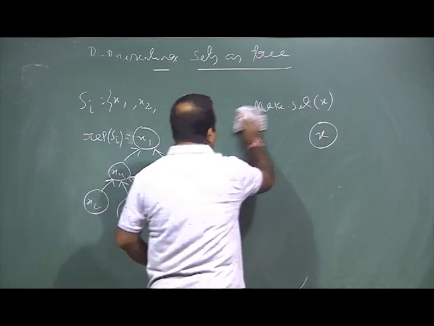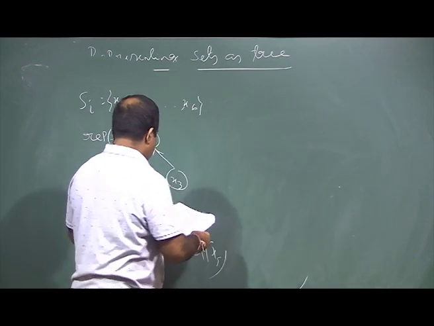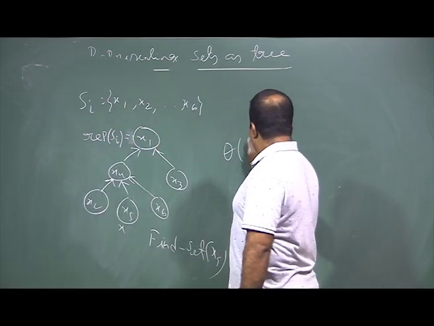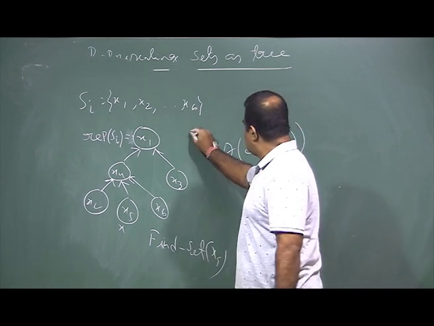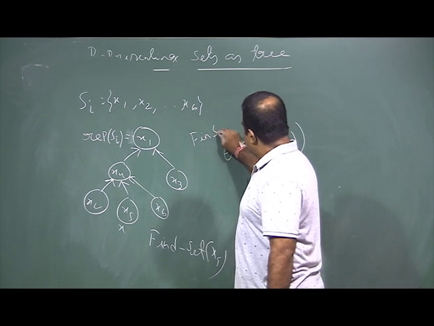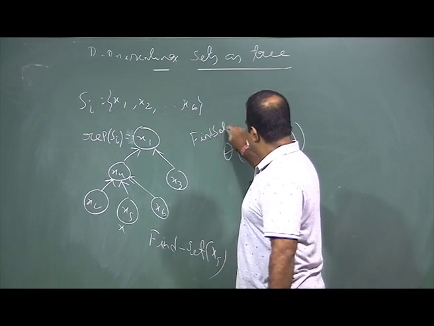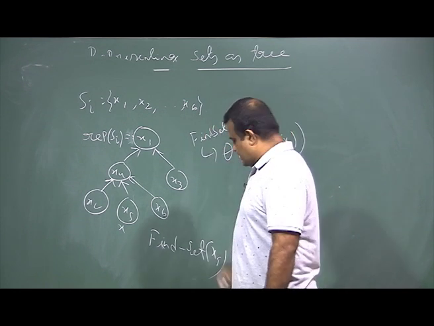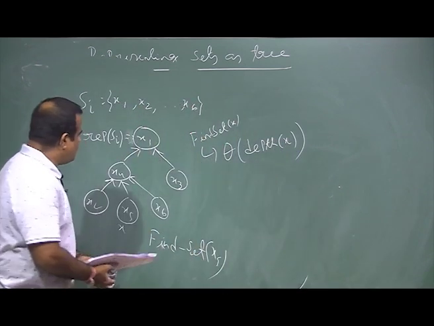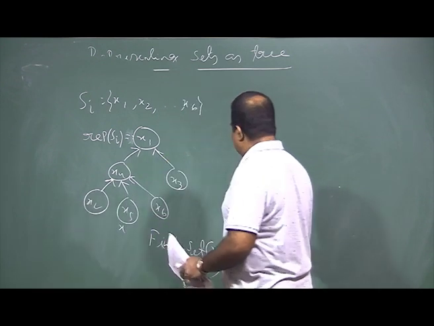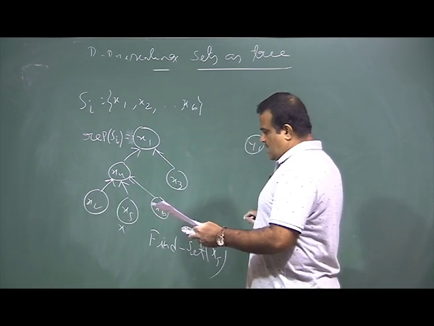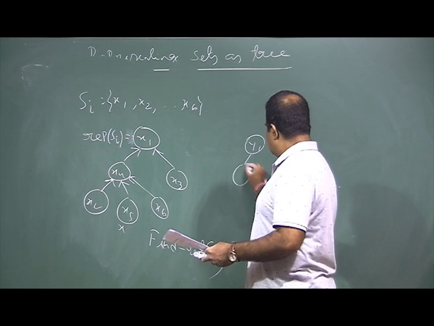Find set will take order of depth of x. This is the find set cost. Now, what about the union? Suppose we have another set y, y1 say.